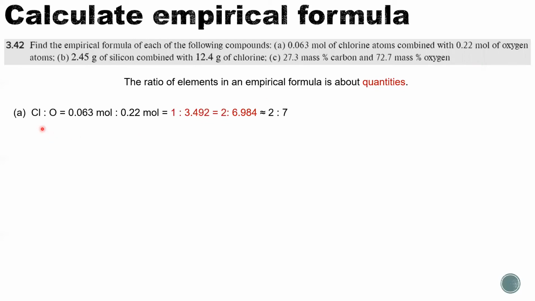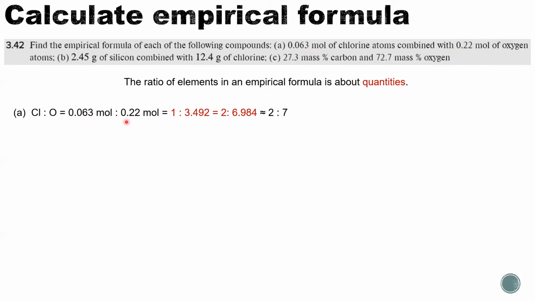Okay, so for the chlorine to oxygen ratio, we can just use the quantity in moles, right? It's just a different unit. So chlorine to oxygen is 0.063 mole to 0.22 mole. Simplify that by dividing by the smallest number, 0.063 moles, in both parts.